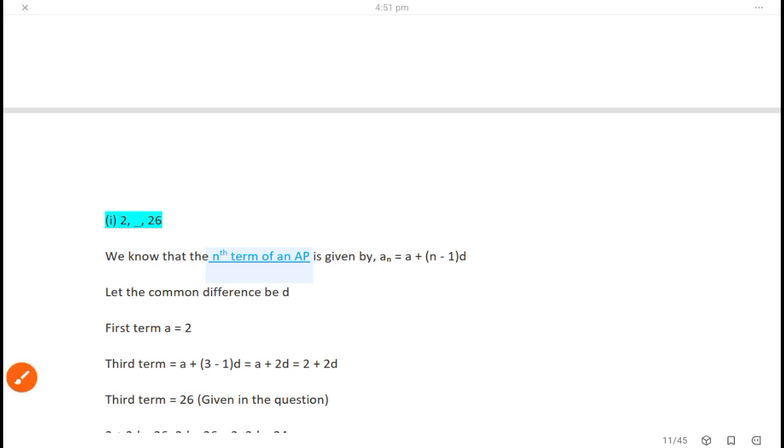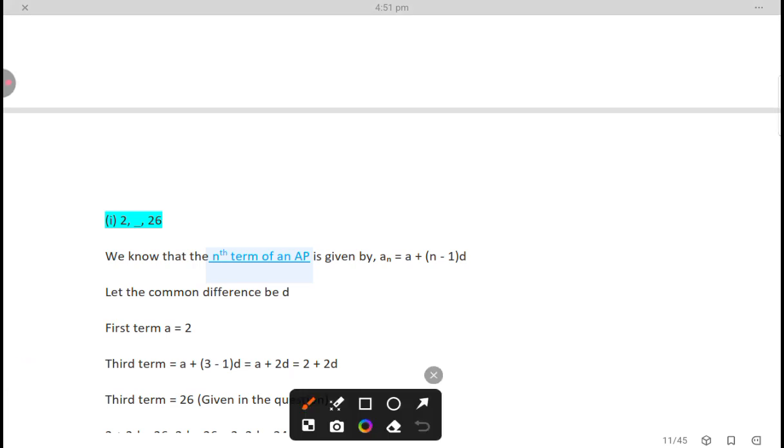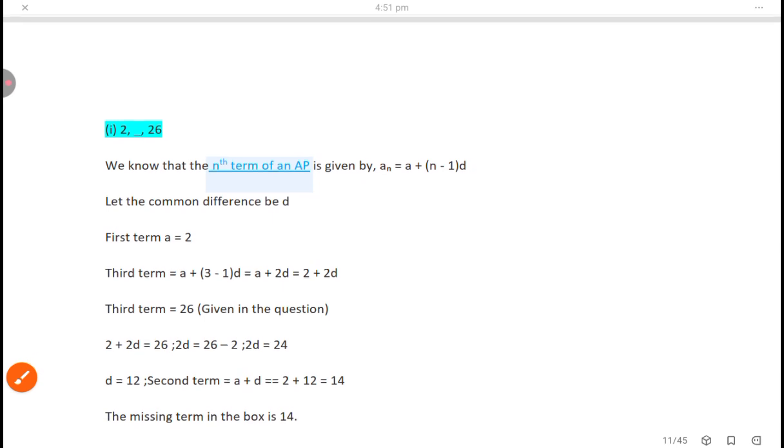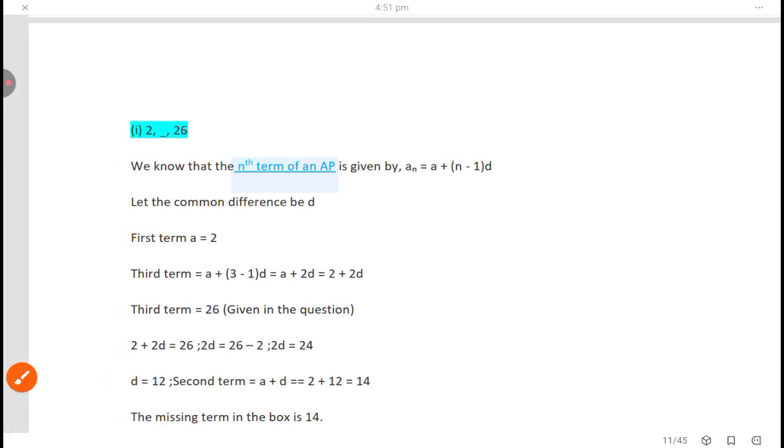You know that the nth term of an AP is given by an equal to a plus n minus 1 d, where the common difference is d. So the first term is equal to 2. So the third term is a plus 3 minus 1 times d, equal to a plus 2d. And it is given that the third term is 26.